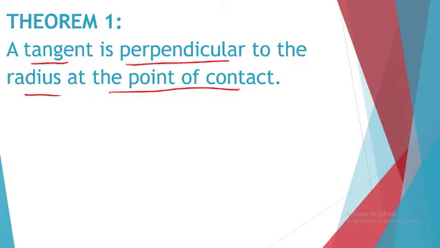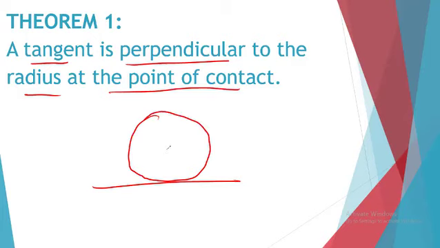The tangent is perpendicular to the radius at the point of contact. Let us see.